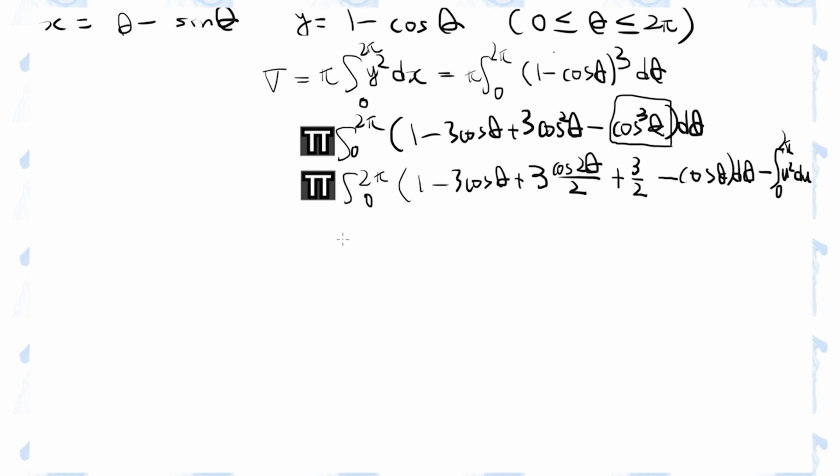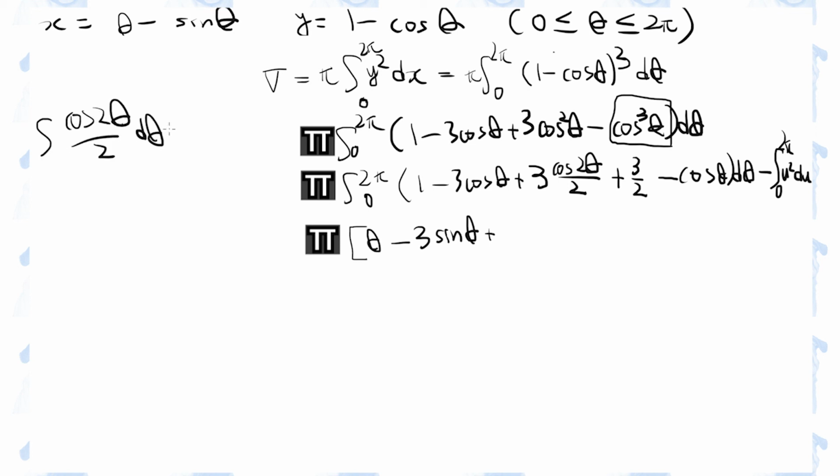So let us now integrate. Recall that cosine 2 theta over 2 d theta is sine 2 theta over 4.